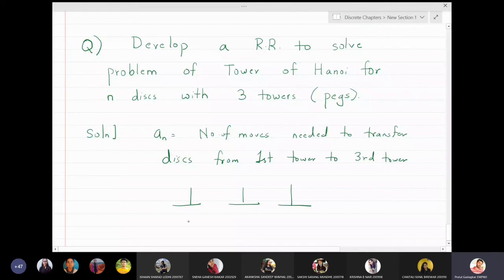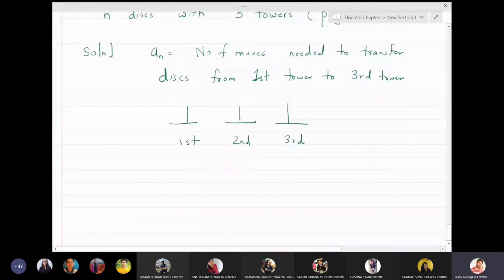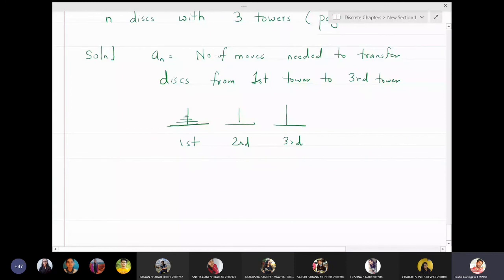This is the first tower, this is the second tower, and this is the third tower. So we have n-1 disks in the first tower on top of the last. What we will do, we fix the last nth disk to tower 1.